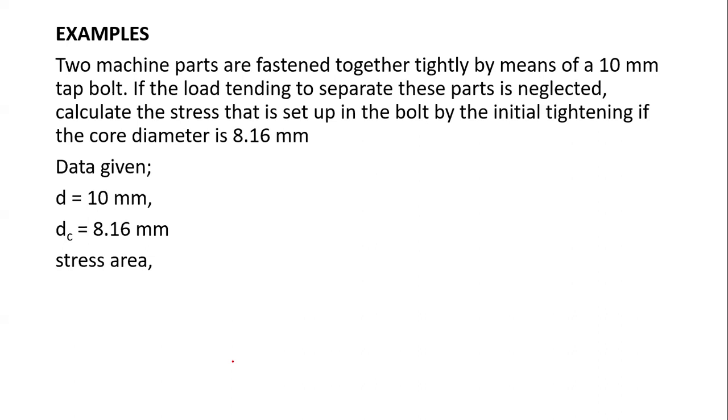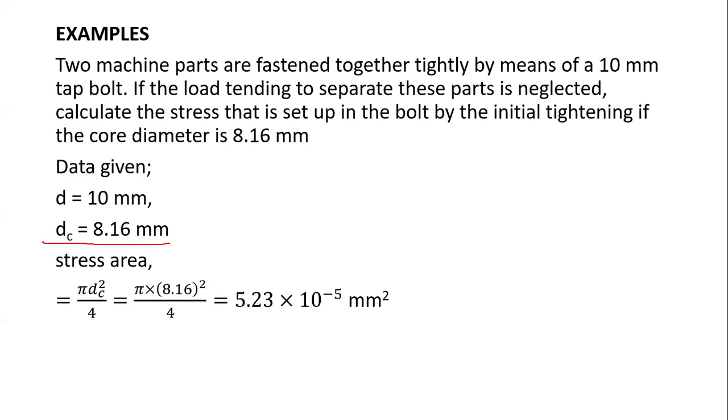So then let's find the stress area. We use the same formula where stress area A is equal to pi d squared over 4. But D is the root diameter, the core diameter, the diameter at the base of the thread.